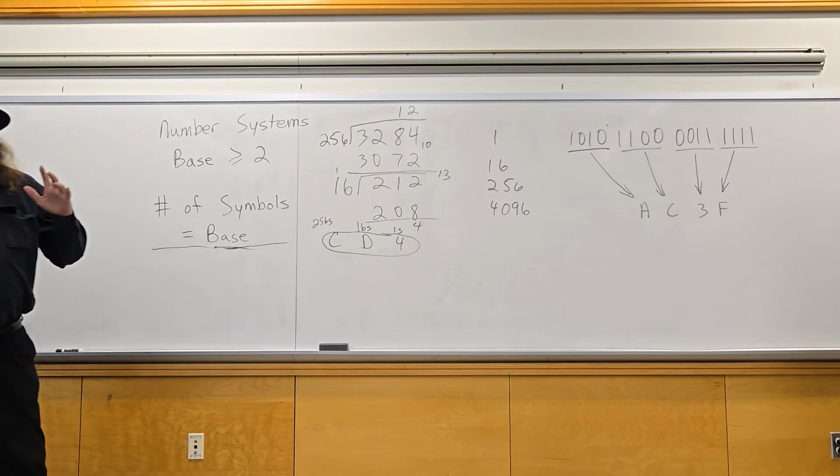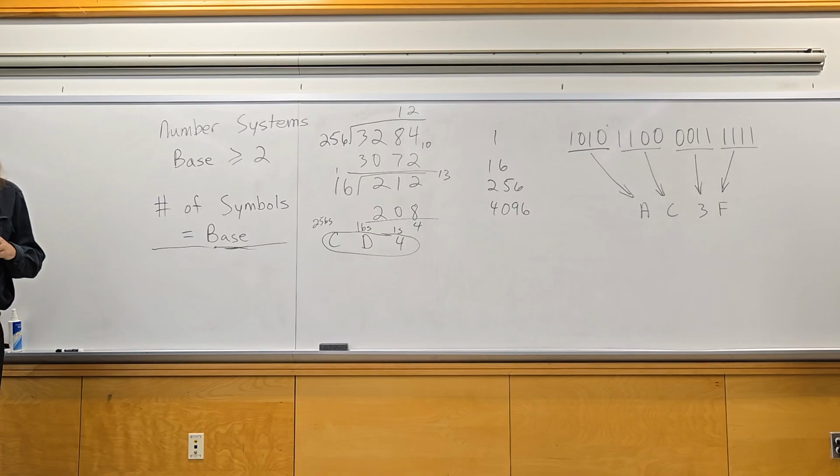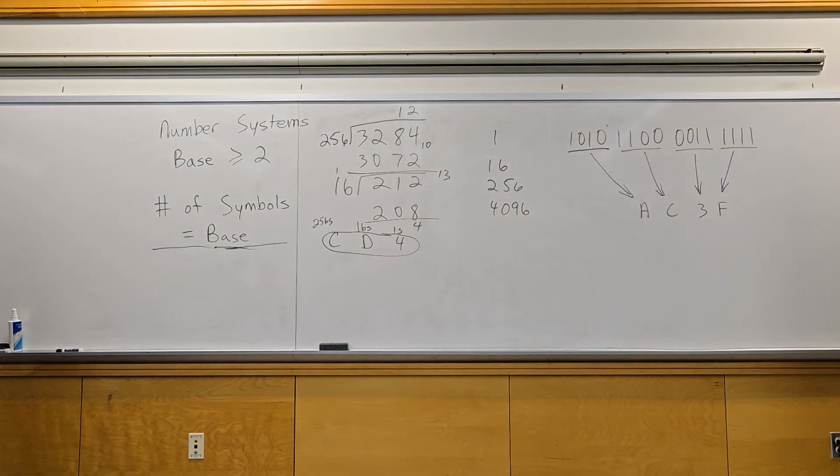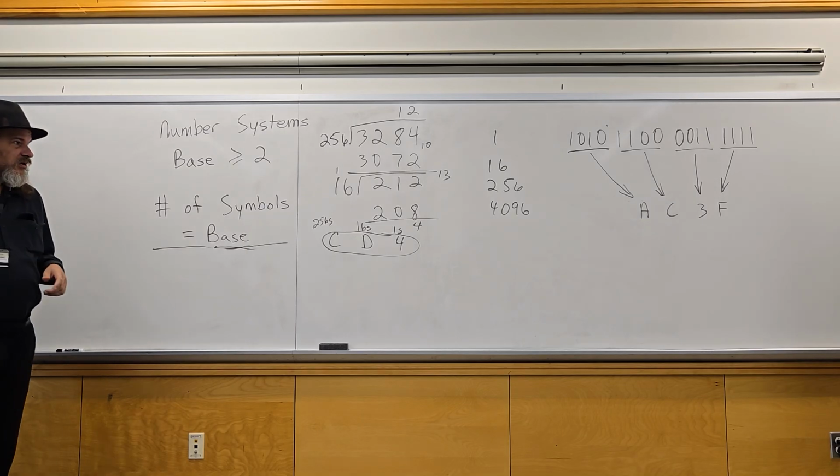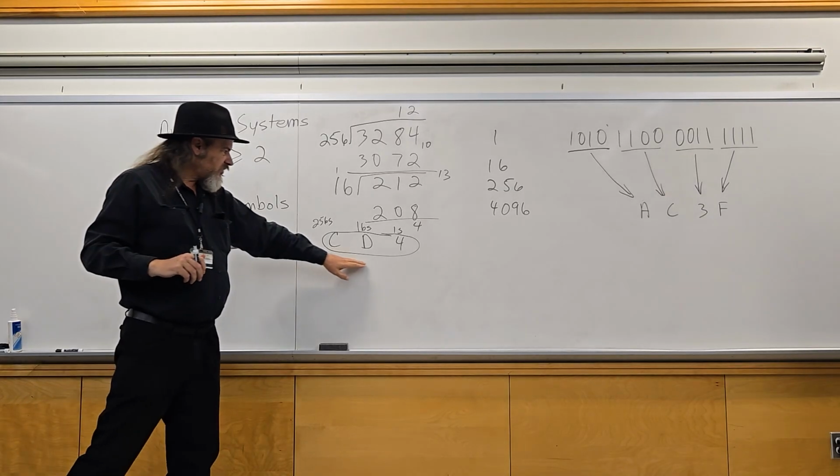I'm using bigger numbers than I'm using on the quiz or test or whatever you want to call it. I'm sticking to 8-bit numbers, so you won't be dealing with 3 hexadecimal digits.